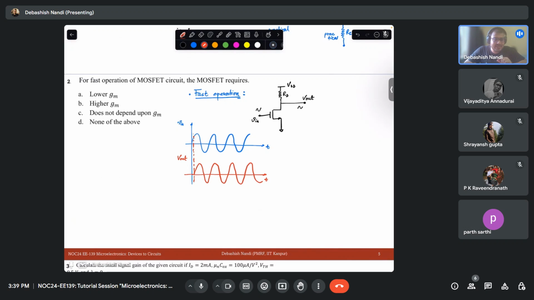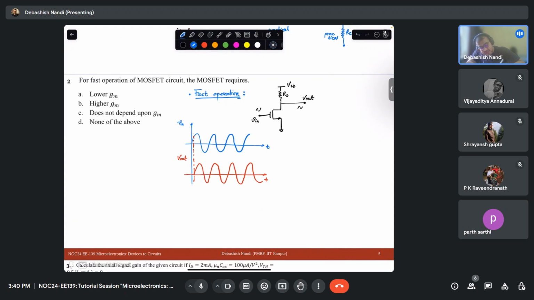As soon as you start changing the input, your output has not started to change. So from the basic circuit understanding point of view, can you tell me what element caused this delay? Some storage, like a capacitor. Exactly, absolutely correct. So fast operation has to do with capacitance, right?